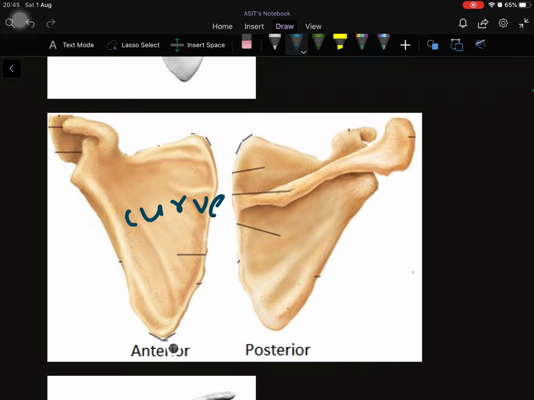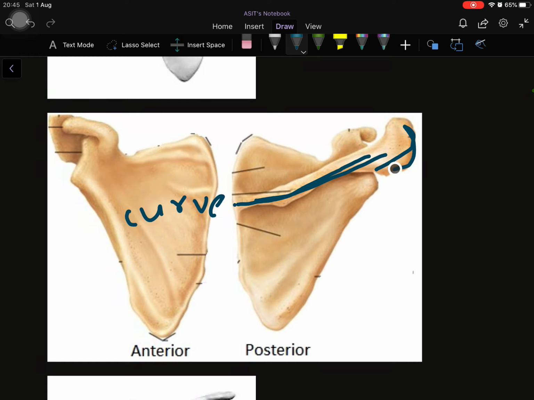Now I am explaining the parts of the scapula. This is the posterior aspect and this is the anterior aspect, and here will be the spine. The spine starts dorsally and projects forward, and here is the head.